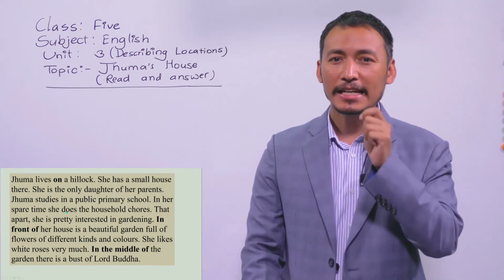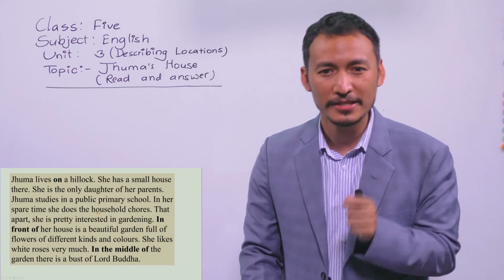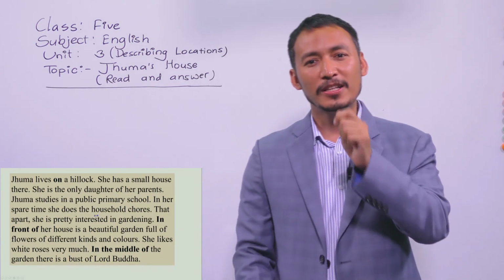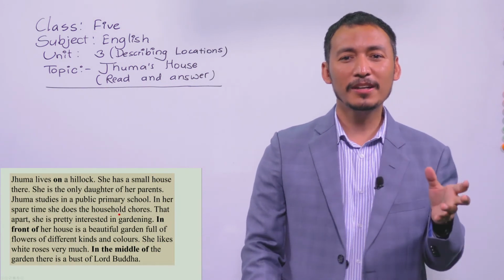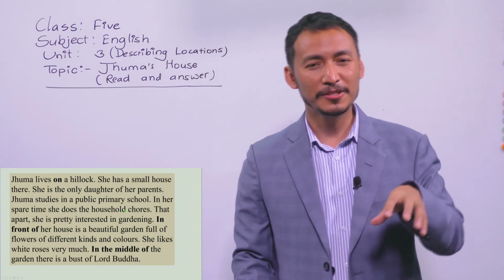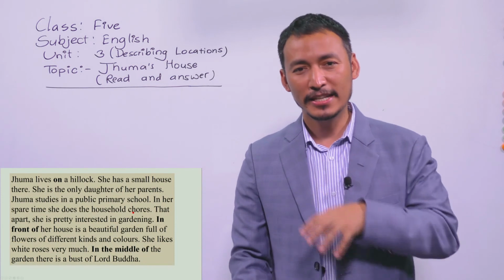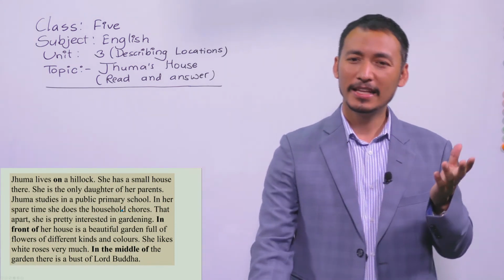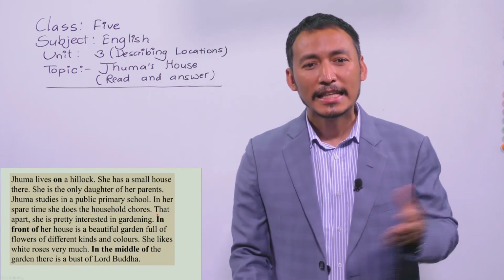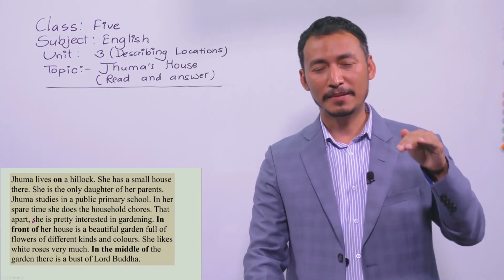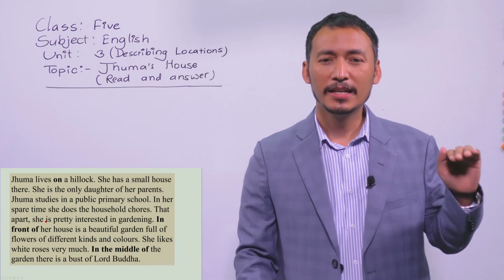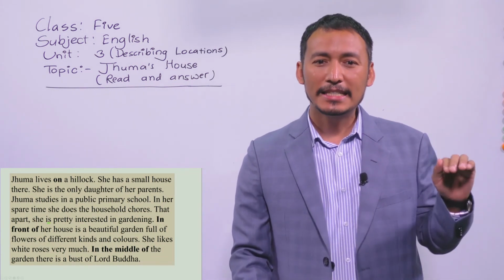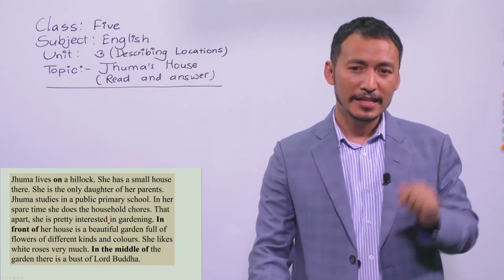Yes. And at that time, what she does is she does the household chores. Household chores means the works inside your house, like cleaning, washing, cooking. Okay? These are the household chores. That apart means besides that or except that or other than that, she is pretty interested in gardening.